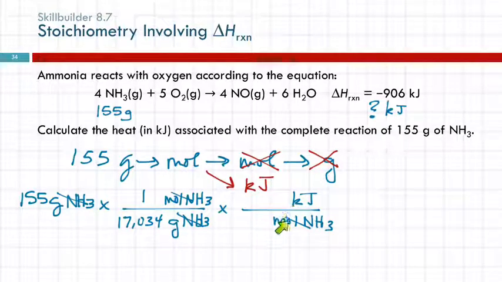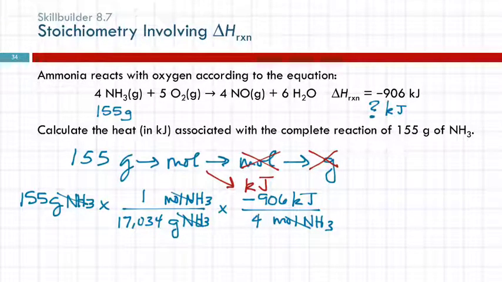And then kilojoules to moles. This is all up here. Here this is negative 906 kilojoules. Negative 906 kilojoules, for how many moles of ammonia? 4. Just a new little twist. Then I get out my calculator. I've got 155 times the top, divide by the bottom, all the way across.